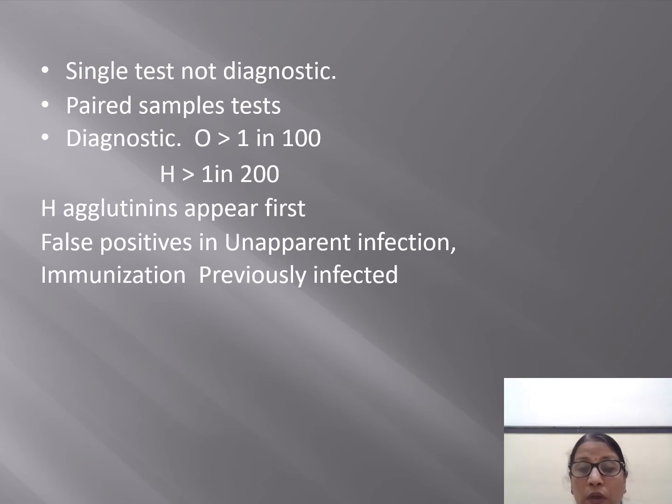How can we do this? If we know the significant titer, the duration of disease at which the sample has been taken, and whether the patient is immunized or not, then only can we interpret the Widal test. We have to keep all these things in mind. Clear?